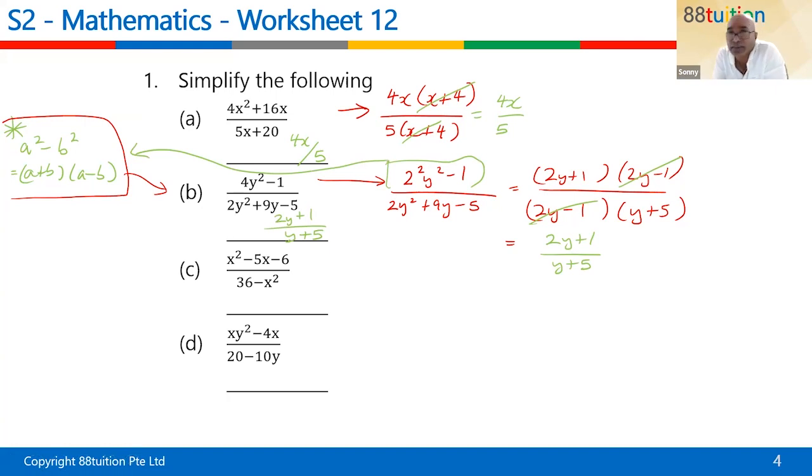If you have gotten it right, good job. If you have not, please take note. These are the kind of questions they'll be asking. Part C, you've got to use the same identity, a square minus b square. If you look at 36, 36 is a perfect square number. Therefore, 36 becomes 6 squared. All right, so I've given you a hint. There's a trick, a certain tweak, but that's for the later part. So try that.